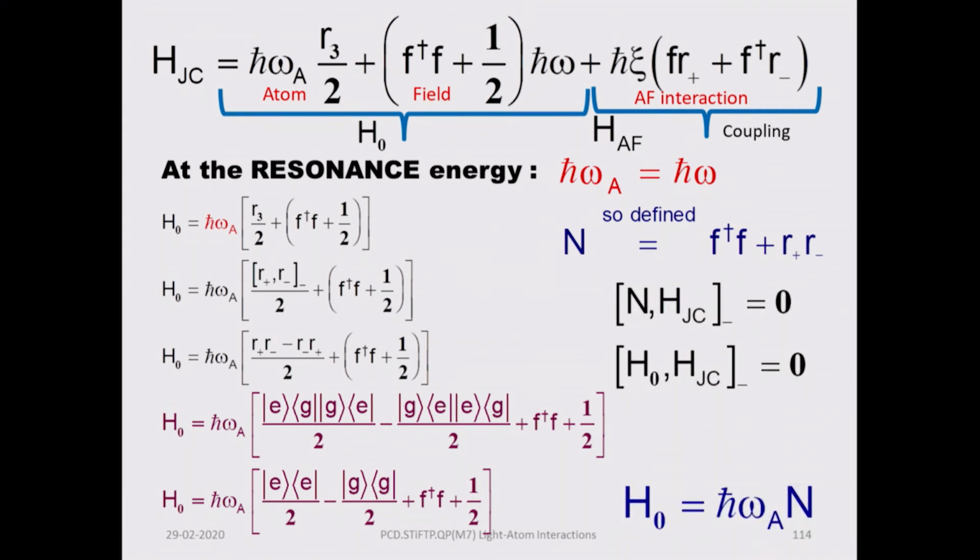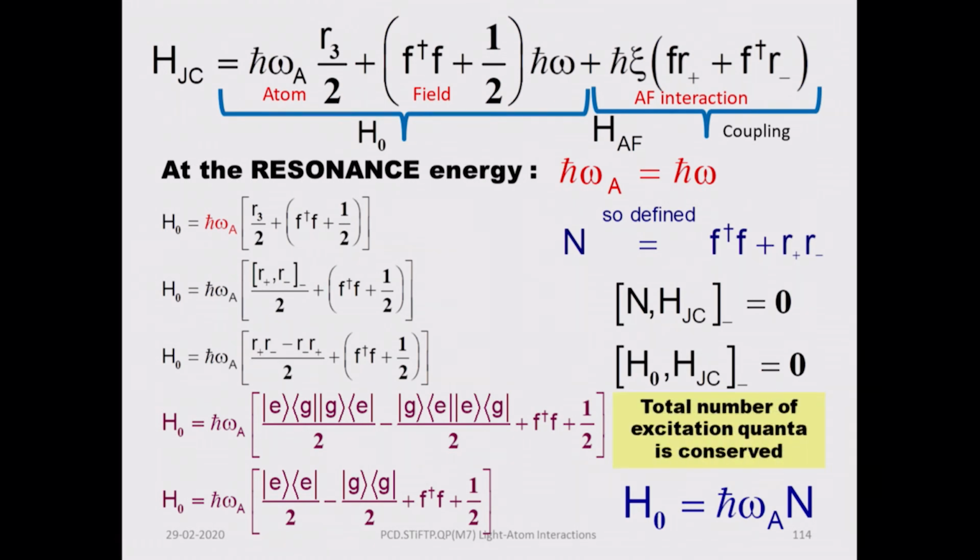And notice that this operator will have to be proportional to the atomic and field Hamiltonian H0. Okay? So, since the Jaynes Cummings Hamiltonian commutes with n, it also commutes with H0, and H0 and n will then be proportional, the proportionality being the energy of the atom, which is the difference in the energy between the excited state and the ground state.